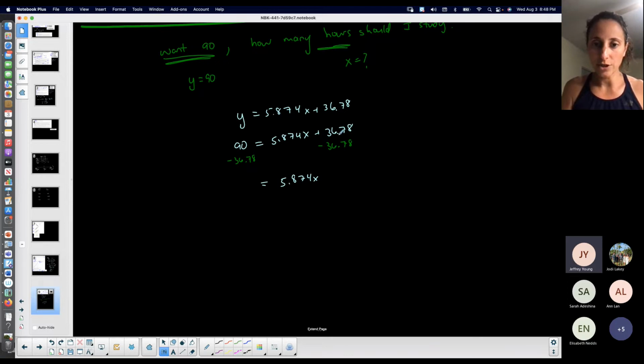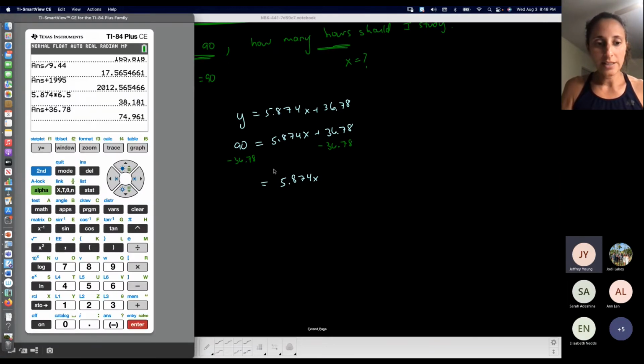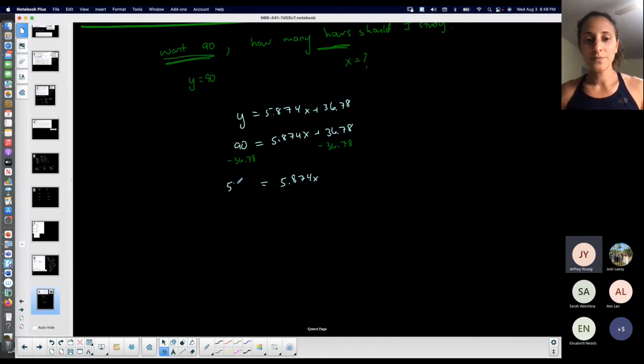Inverse operation to get rid of it. And then 90 minus 36.78. Did you guys find it yet? 53.22. And then divide by the coefficient of x so that you can isolate x.